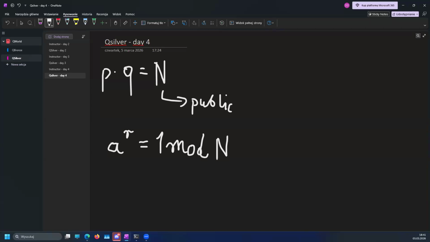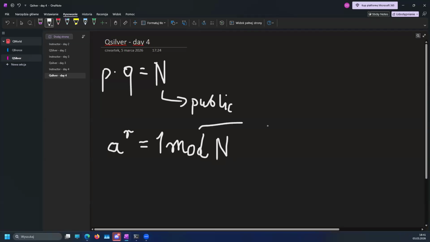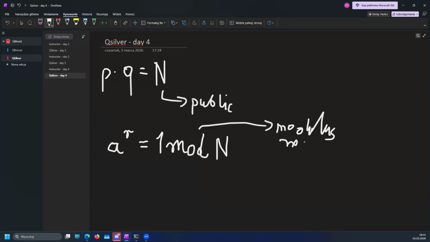And do not mistake it with modulus, which we talked about during the first lesson. Sorry, with modulo, because that is modulus, yes? So the remainder. Modulo or remainder. I will rather use the word remainder, yes?